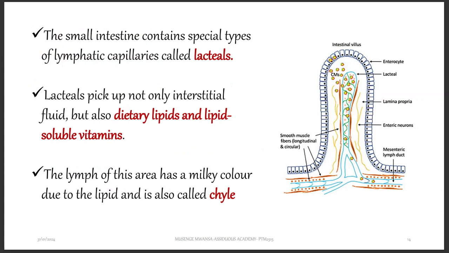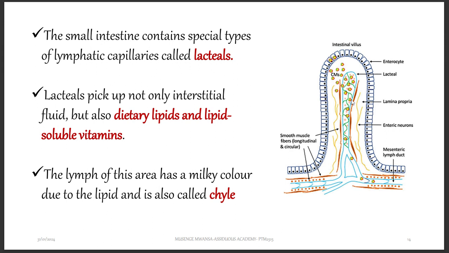The small intestines have a special kind of lymphatic capillary called a lacteal. These lacteals are able to pick up fluid which is just between cells, called the interstitial fluid. Apart from that, they can also pick up dietary lipids, meaning that after you've eaten your food, those lipids are absorbed by these lacteals.